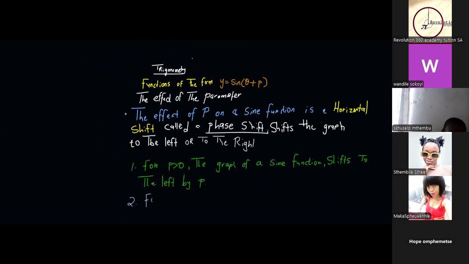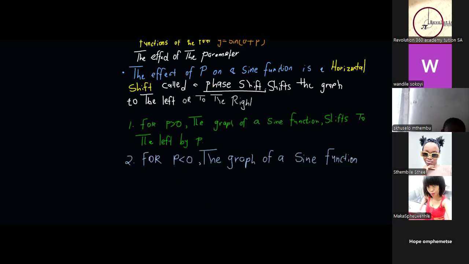The graph of a sine function shifts to the right by P.